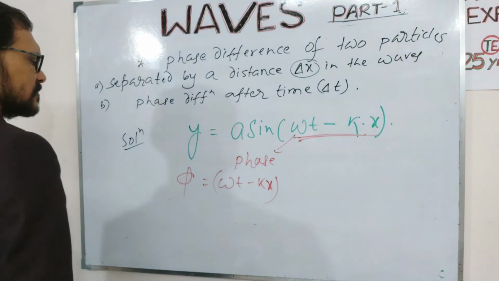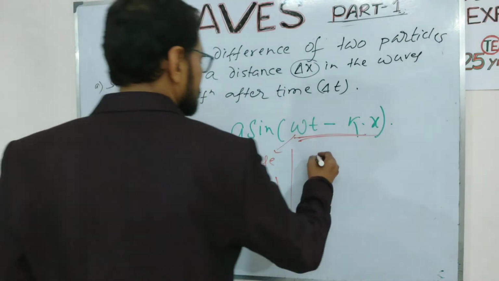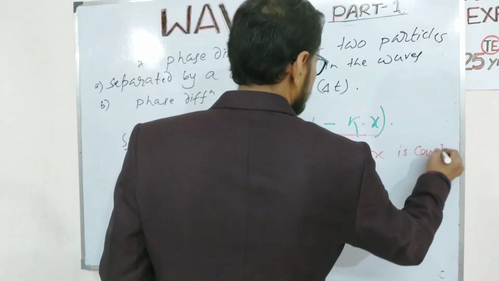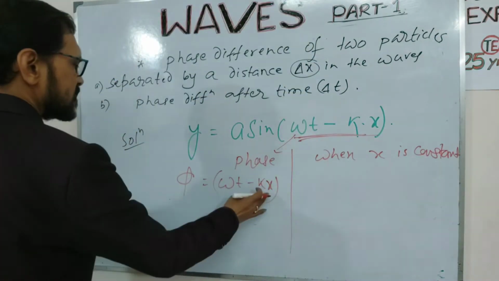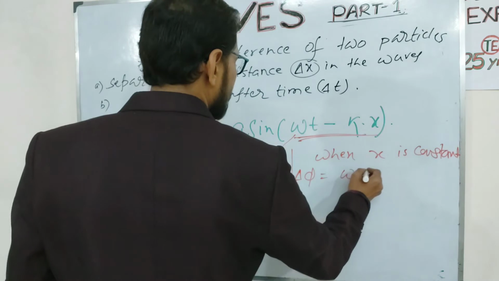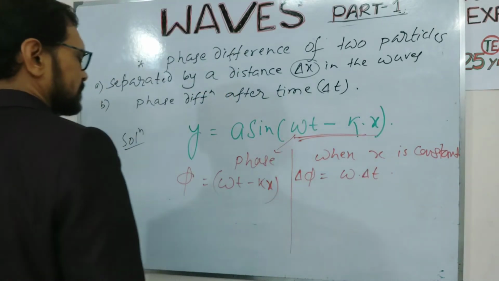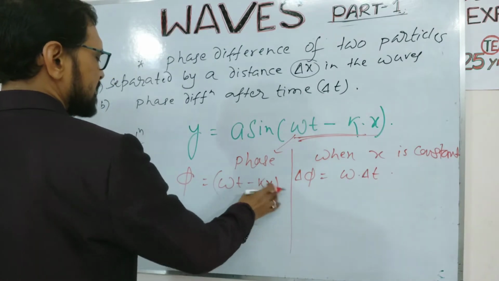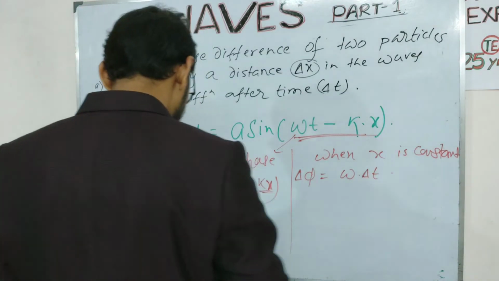So when x is constant, what is the change of φ? Δφ = ω Δt, because x constant means its change is 0, and so this is one formula.